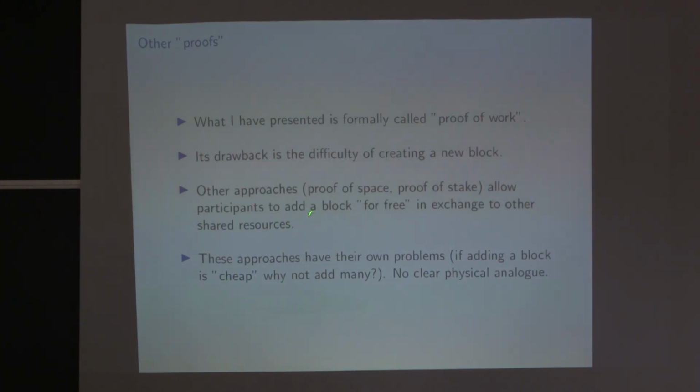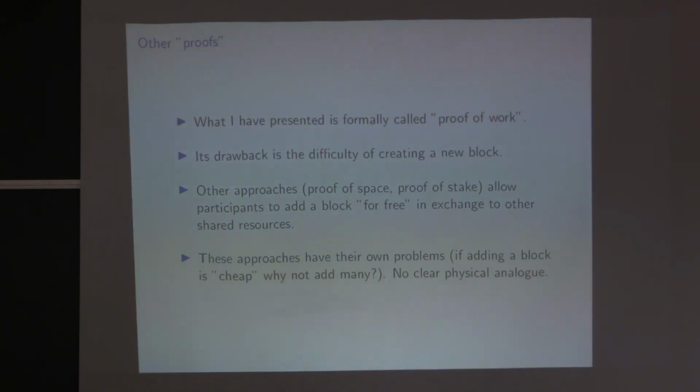There are other approaches called proof of space or proof of stake, which allow participants to add a new block basically for free, but in exchange for some other resource. For example, dedicate some part of their money as collateral, or dedicate some space on their hard drive.